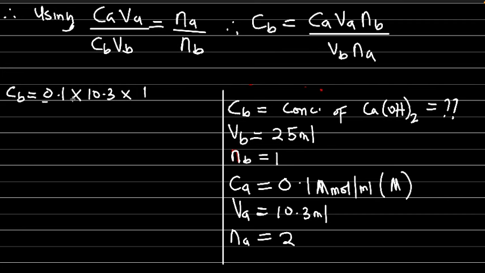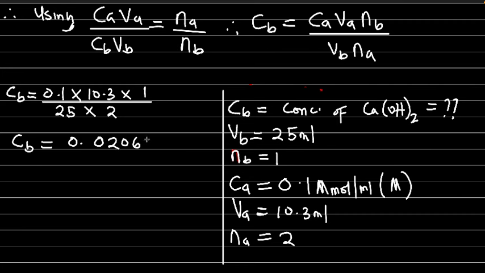Now this is divided by VB, which is 25, times NA, which is 2. If you press your calculator, you have 0.1 times 10.3 times 1 divided by 25 times 2.